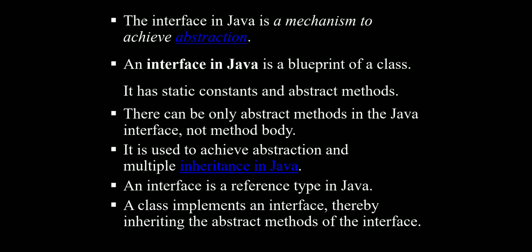It is used only as a reference type for creating the object. A class implements an interface, thereby inheriting the abstract methods of the interface.